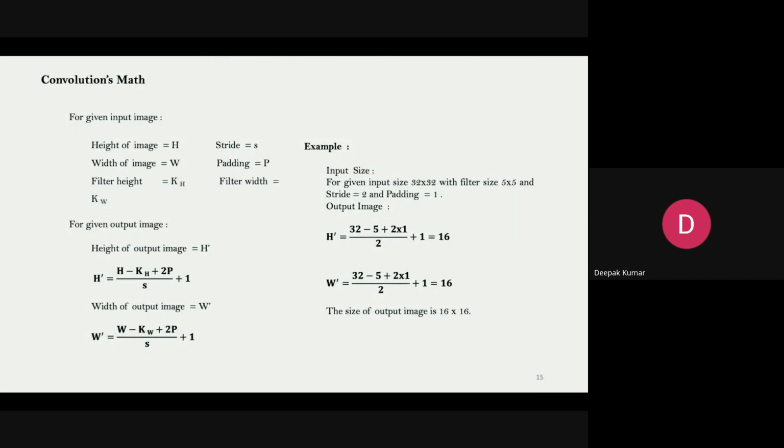So if we see the mathematics of convolution, let's say we have an image of height h, width w, and we have a kernel of height kh and width kw.